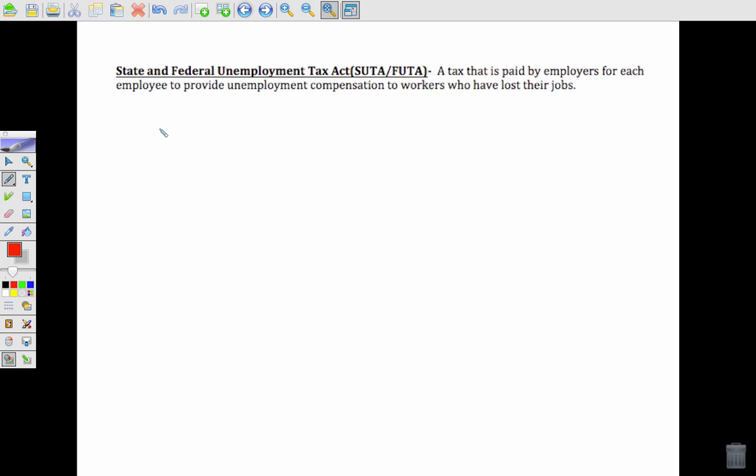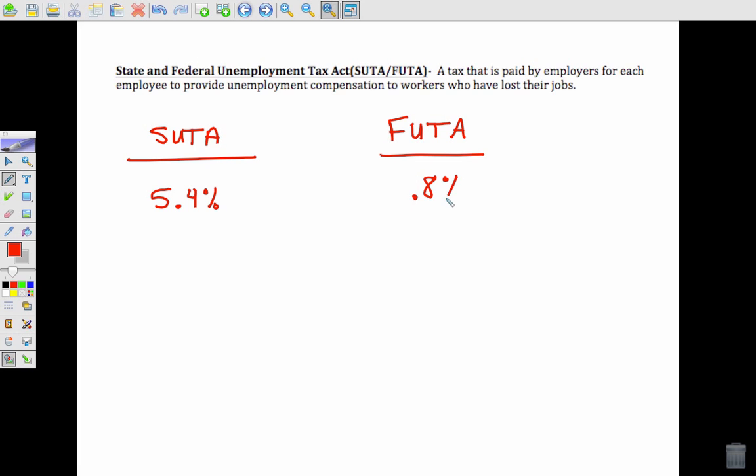State unemployment tax is SUTA, and federal unemployment tax is FUTA. It is a tax paid by employers for each employee to provide unemployment compensation to workers who have lost their jobs. For SUTA, the employer has to pay 5.4%, and for FUTA, or federal, it's 0.8%.